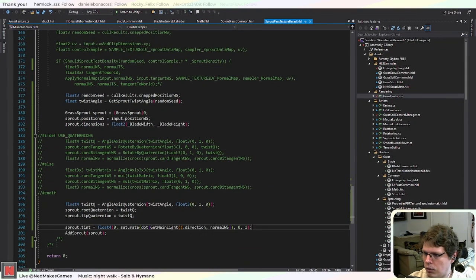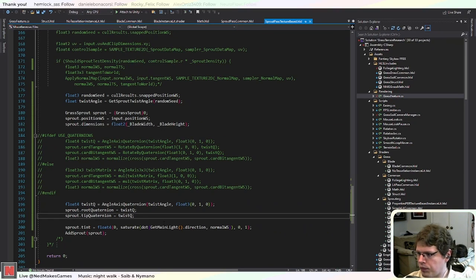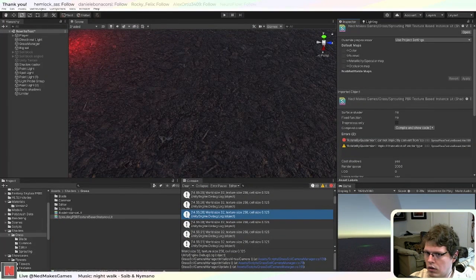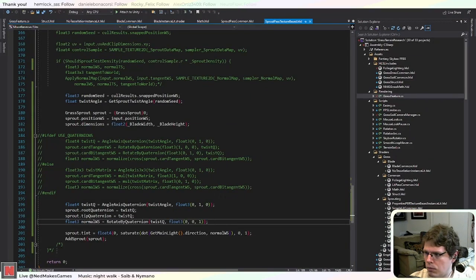Oh, okay, so I still need the normal vector for lighting. Well, then I would just do normal space equals rotate by Quaternion twist. Oh, I did this backwards.